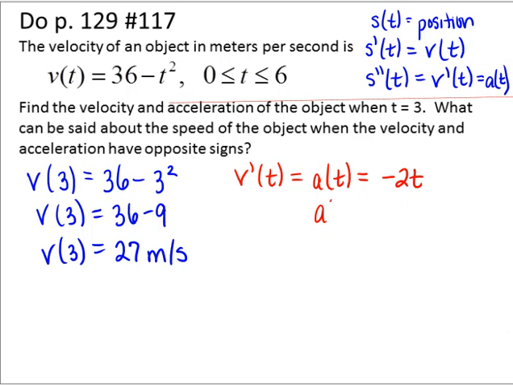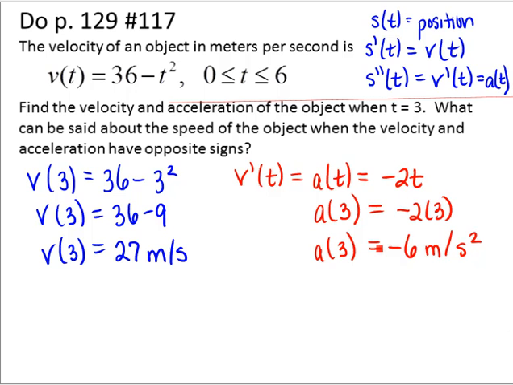I'm going to find the acceleration at 3 by plugging in 3. I end up getting negative 6, and the label for acceleration is meters per second squared. I shouldn't say always meters per second squared. I should say it's distance over time squared.